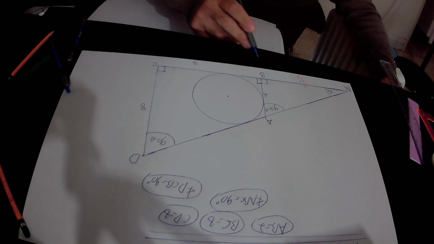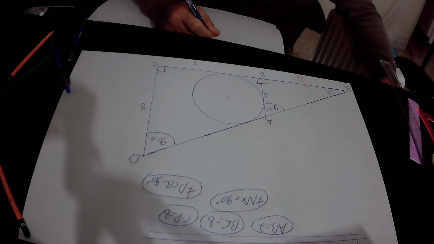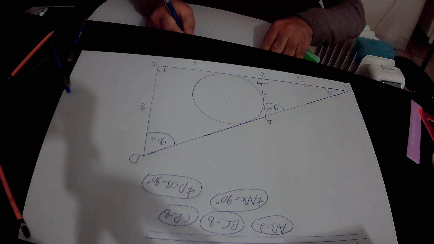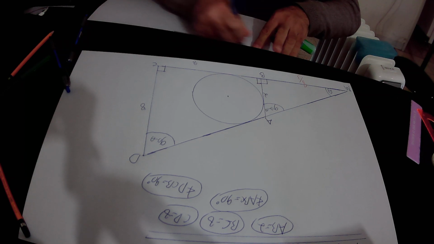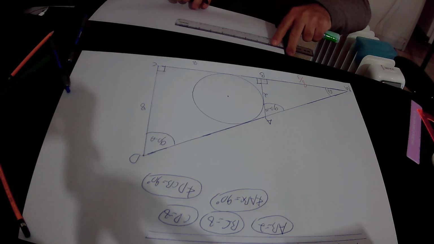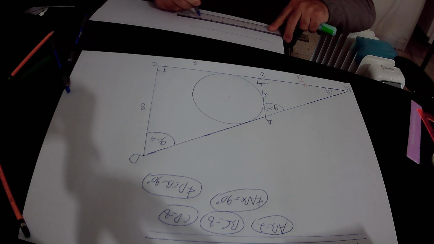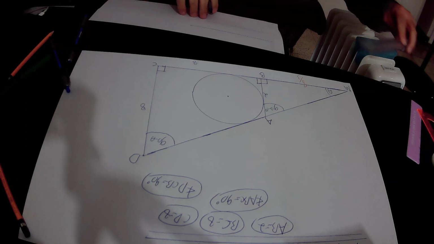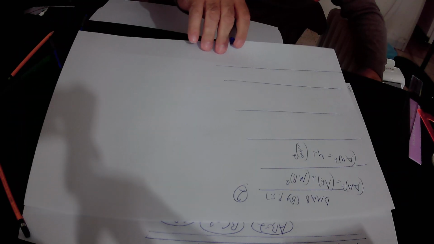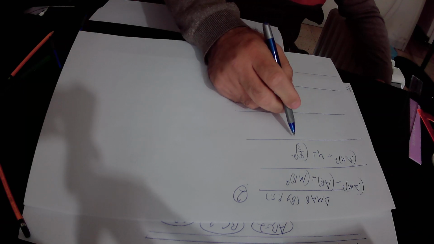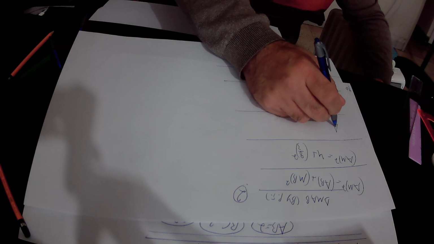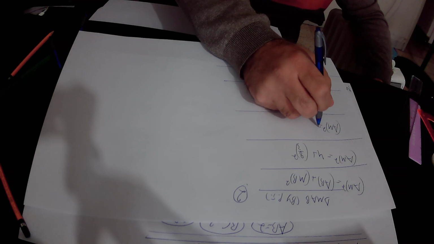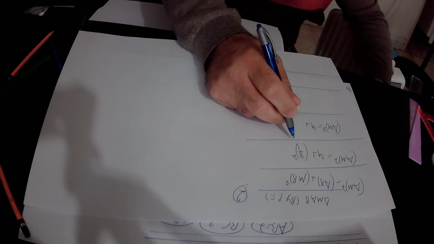MB is 8 over 3, therefore MB squared is 8 over 3 squared. So in conclusion, AM squared equals 4 plus 8 over 3 squared.